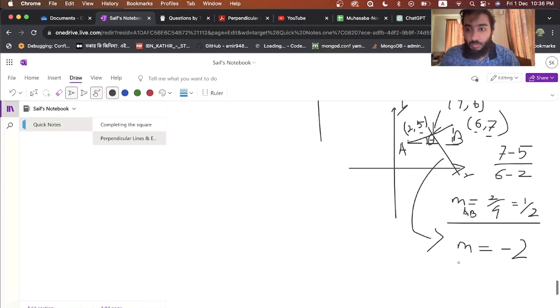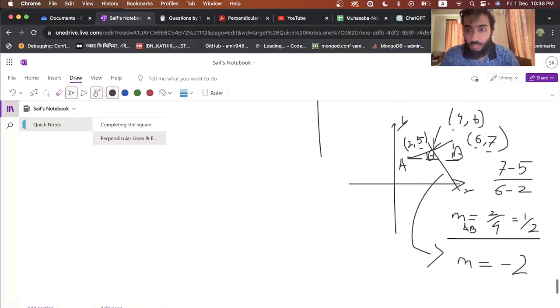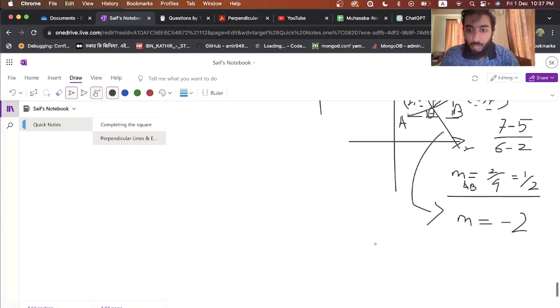So this line has a slope of -2, and it goes through the point 4, 6, which is the midpoint of AB. So we can write the equation y equals -2x plus a constant.